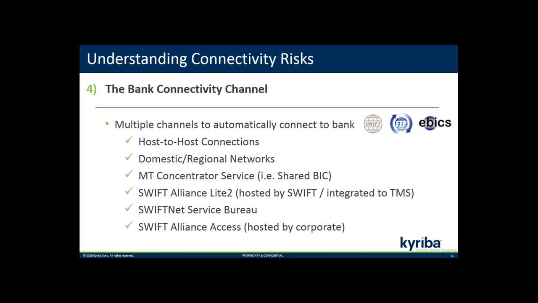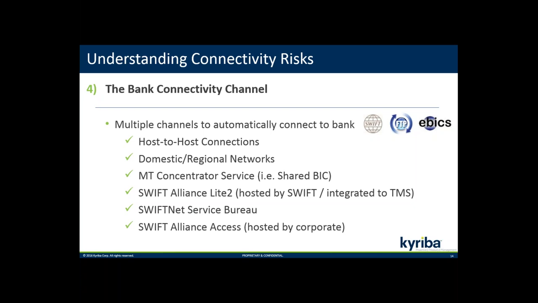There's Swift Alliance Lite 2, a great solution. That one's hosted by Swift. In most cases you'll see it integrated into the TMS, but making sure it's integrated behind the scenes into the TMS, as opposed to a surface level integration, is important. There are service bureaus that offer SwiftNet, and then there's obviously just installing Alliance Access yourself as a corporate, which isn't quite as prevalent for some of the reasons we talked about before, just because Swift has realized there's a better option with the cloud and Alliance Lite 2, and I'm not going to make it a Swift sales pitch.